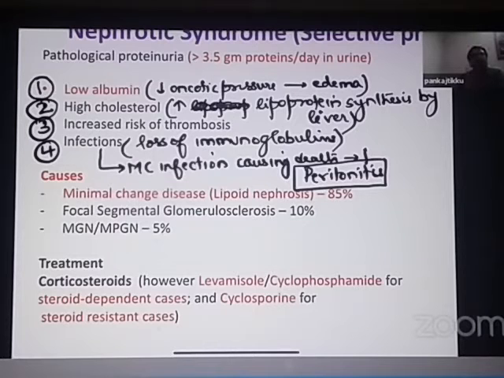That is why there is no need to do a renal biopsy whenever nephrotic syndrome occurs, usually in children. The reason is very simple: the majority of cases are caused by minimal change disease, and if you take the biopsy of these children and see it under the microscope, there will be hardly any findings. So routinely, biopsy is not recommended in children who have nephrotic syndrome.